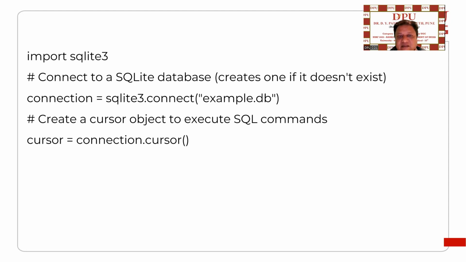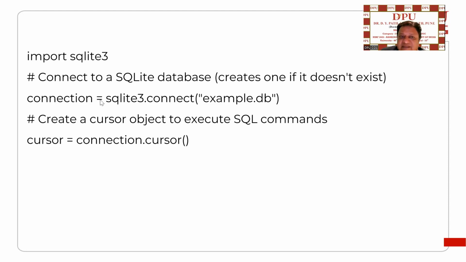If it is there, then it will not create it. Simply this command will connect your application, that is your Python code, to the example.db if you have previously created the example.db database.